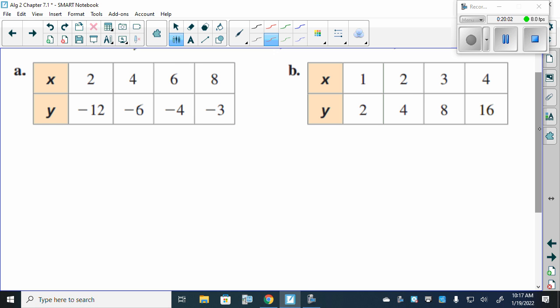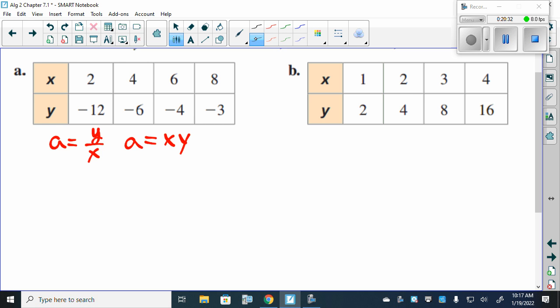If not, that means it's not a direct variation. For inverse, a is equal to x times y. We can multiply them together, and if I get a constant term, it means it is an inverse variation. So really, we're using the fact that a is equal to y divided by x, or a is equal to x times y, to determine whether or not it has an inverse or direct variation.